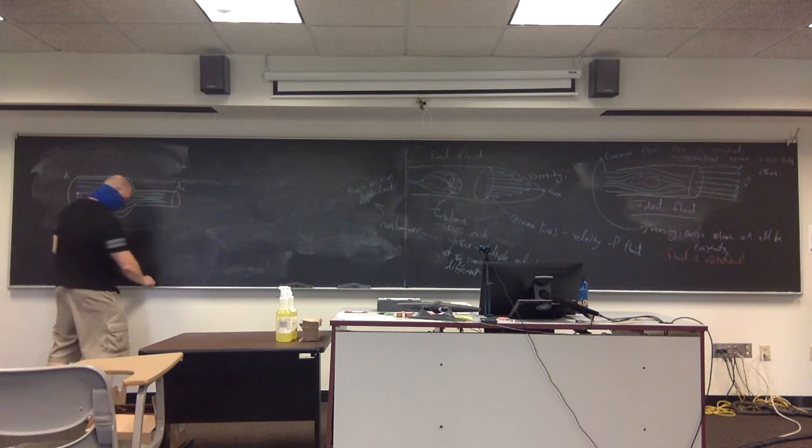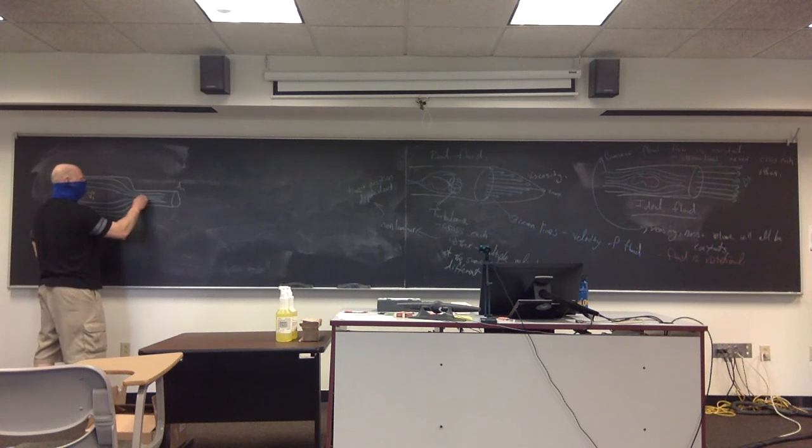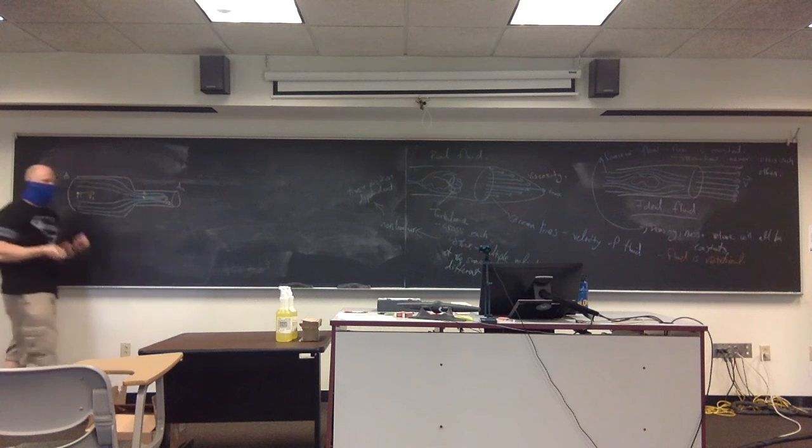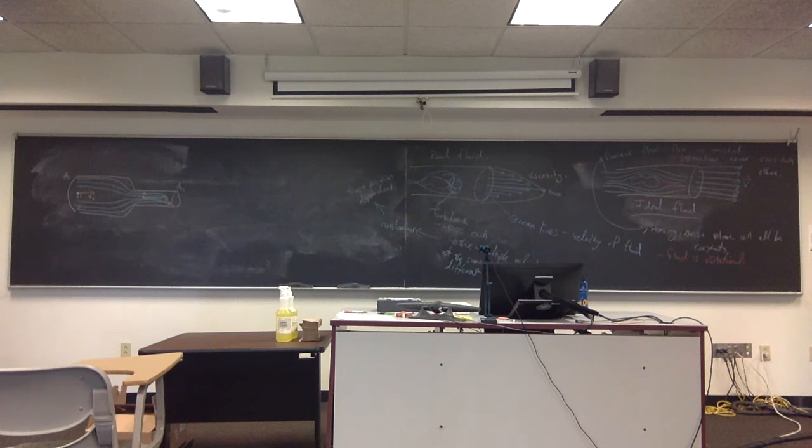At some other point, over here, point 2, I'm going to find a different velocity v2. So what I want to know is how does v1 relate to v2? Which one's bigger? Which one's smaller? How do these guys relate to each other?